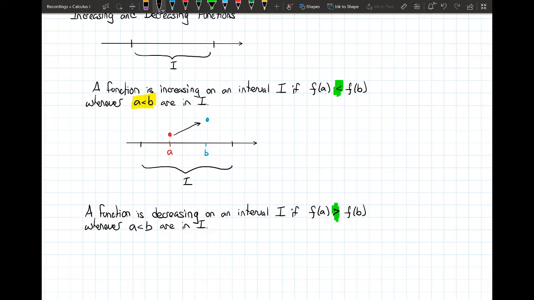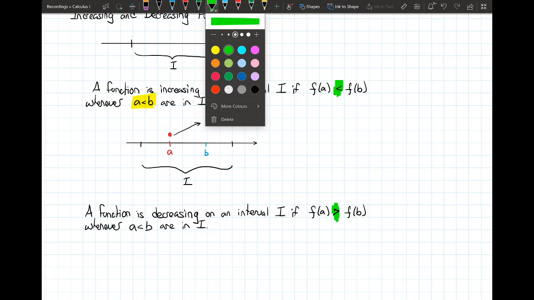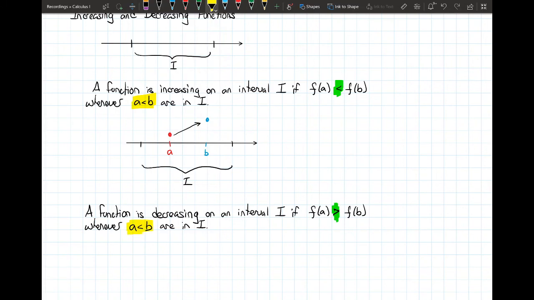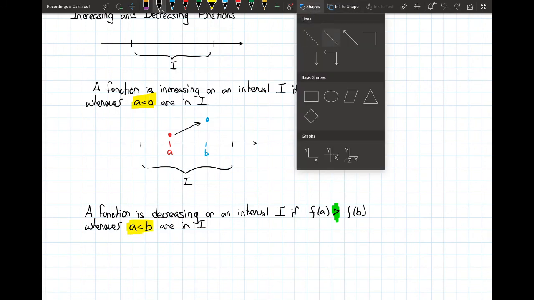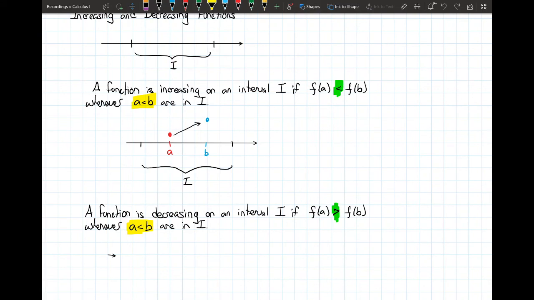We've got decreasing on an interval I if f of a is greater than f of b whenever a is less than b, our values in I. So you can see the change is only in the highlighted green inequality, but we're still talking about a less than b. So that doesn't change our direction. We're still taking a direction from left to right.